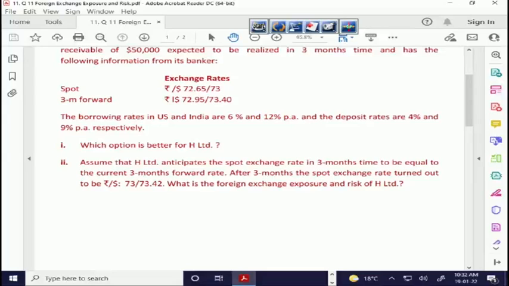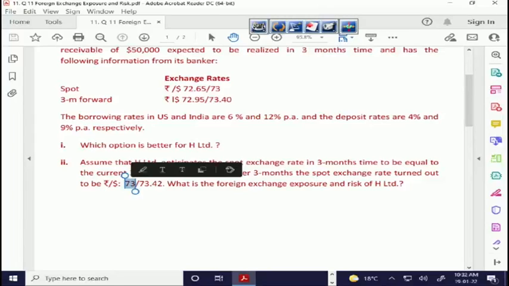Right now the spot rate is 72.65, but we are expecting the spot rate to be 72.95. So a change of 0.30 is anticipated. However, after 3 months, the spot exchange rate turned out to be 73.42.